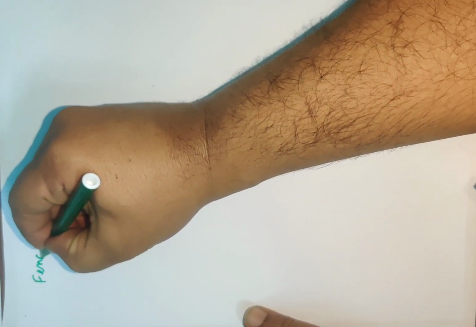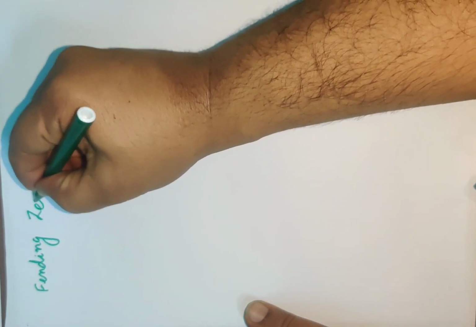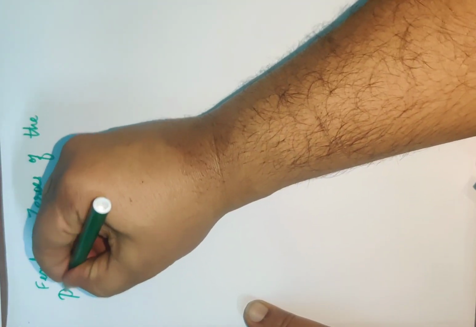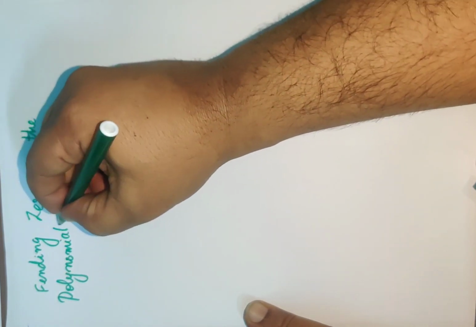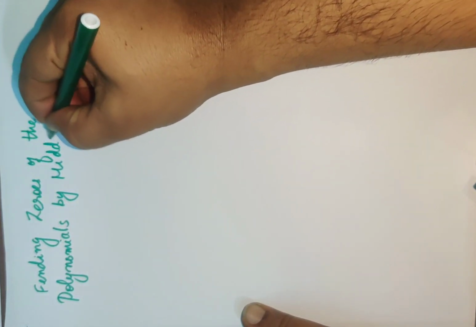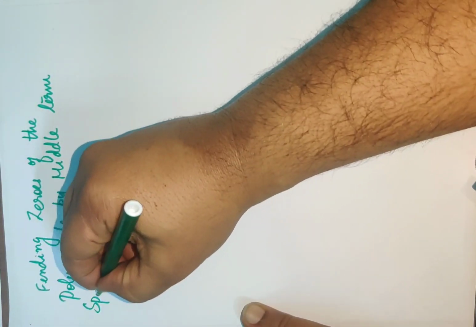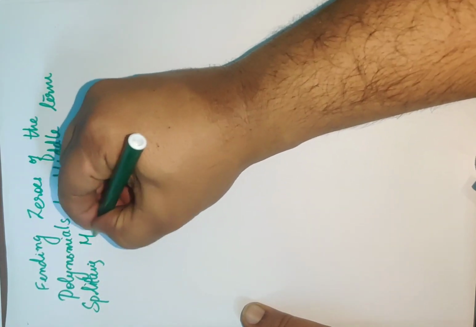Finding zeros of the polynomials by middle term splitting method. We can go with some examples so that you will come to know very easily.